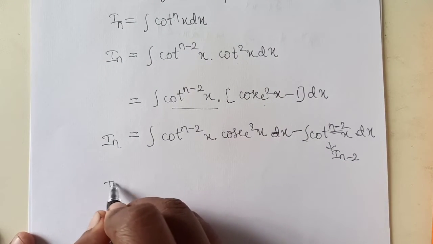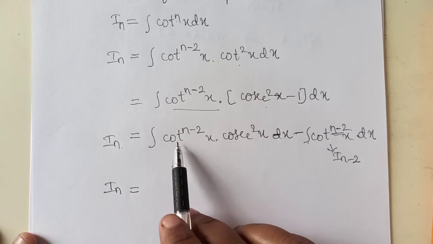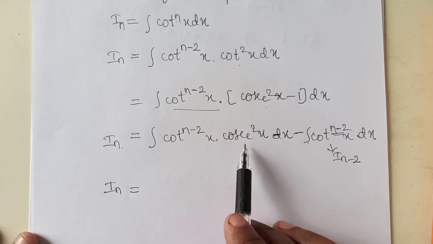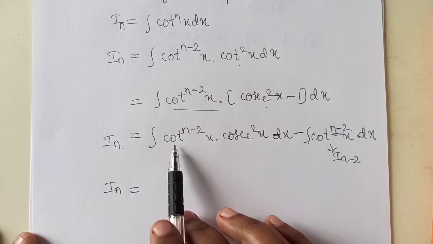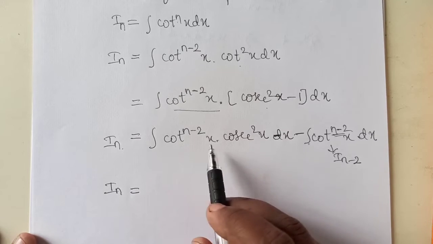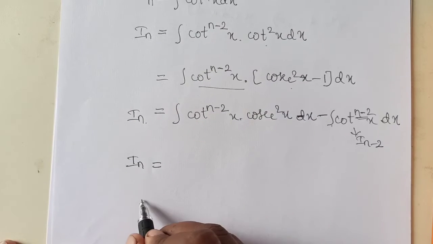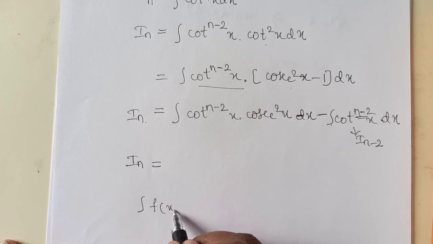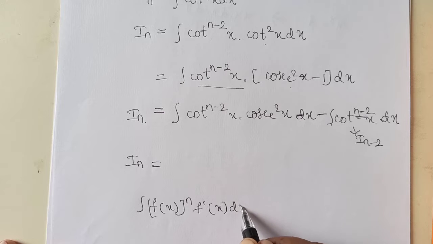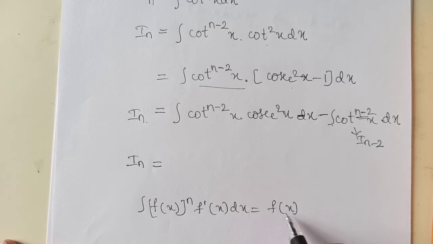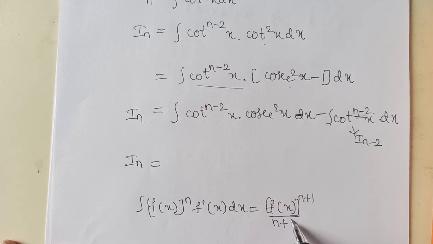Okay, so that is I_n equals, now here you can observe that the differentiation of cot x is minus cosec^2 x. Therefore we can use the integration formula, that is integral of [f(x)]^n f'(x) dx equals [f(x)]^(n+1) divided by n+1.